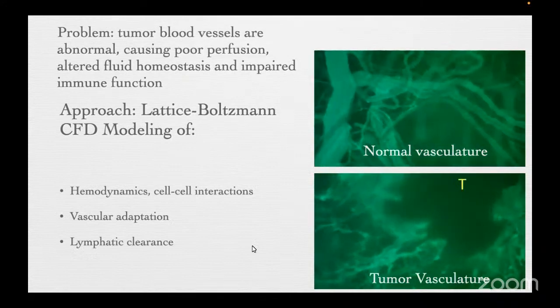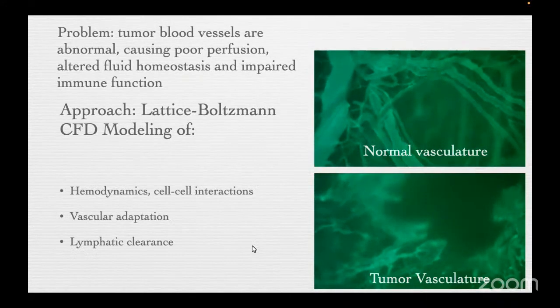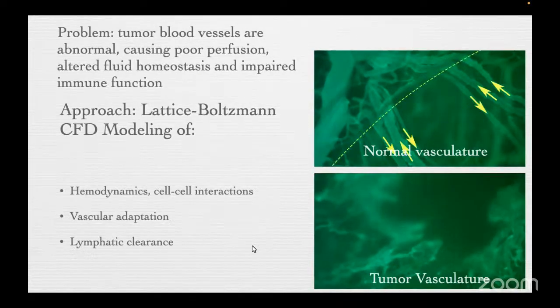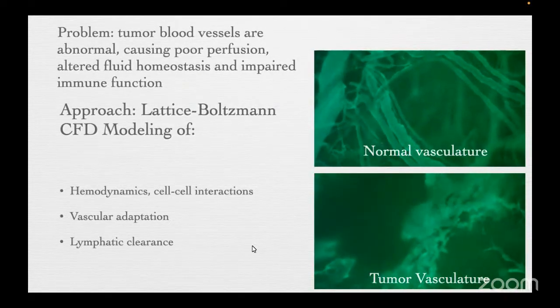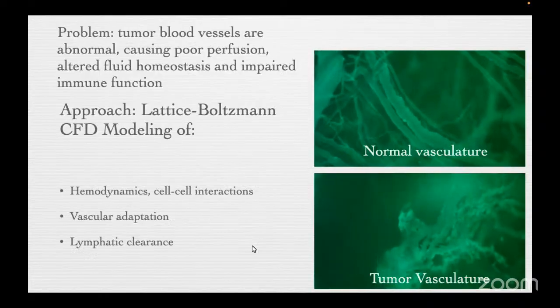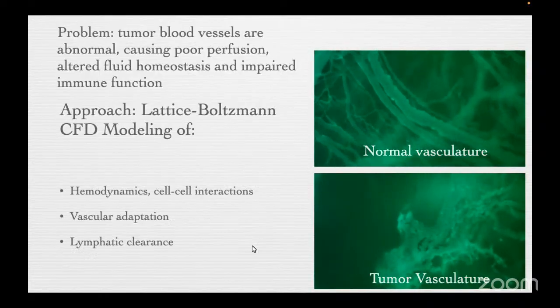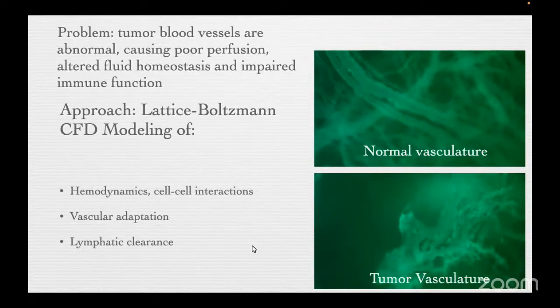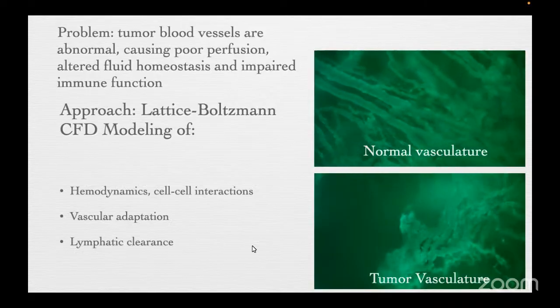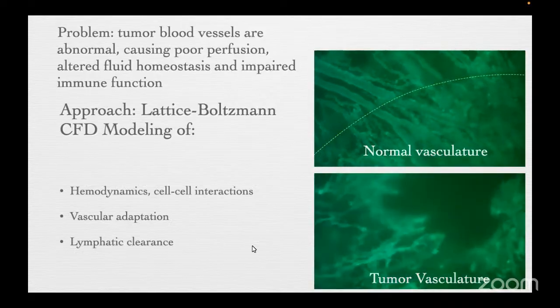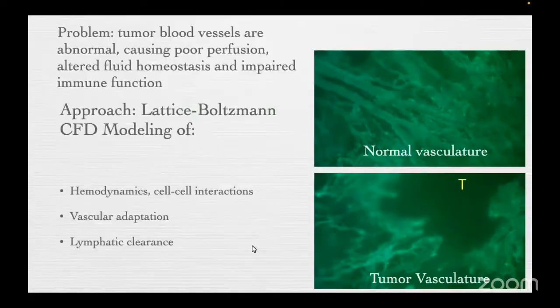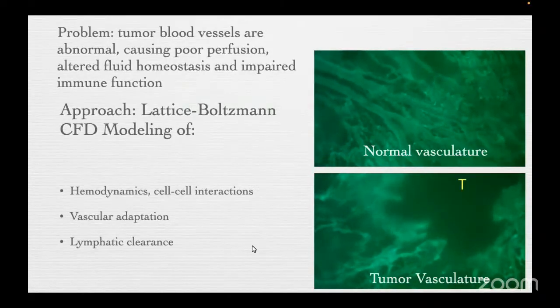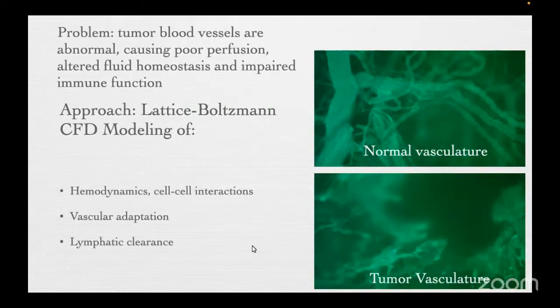Over the years, we've used lattice Boltzmann modeling to look at things like hemodynamics and cell-cell interactions in the blood flow. Also vascular adaptation, how the fluid forces actually change vessel diameters and cause adaptation of vasculature. And also lymphatic clearance, and that's one of the things I'll focus on here.